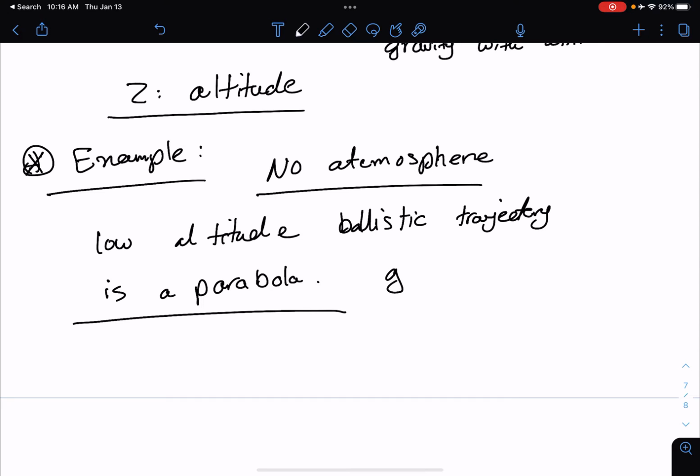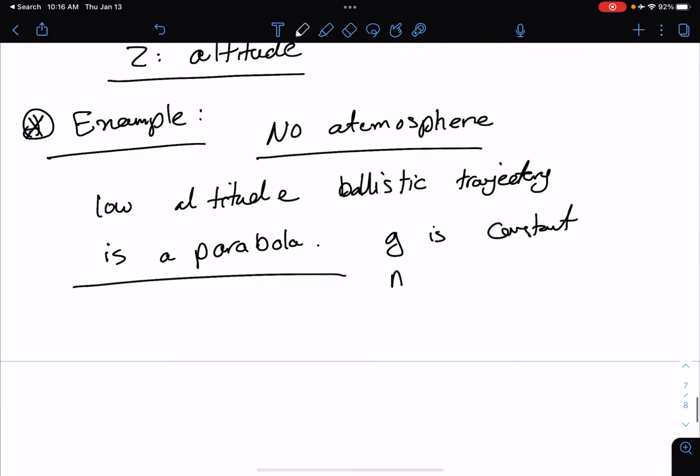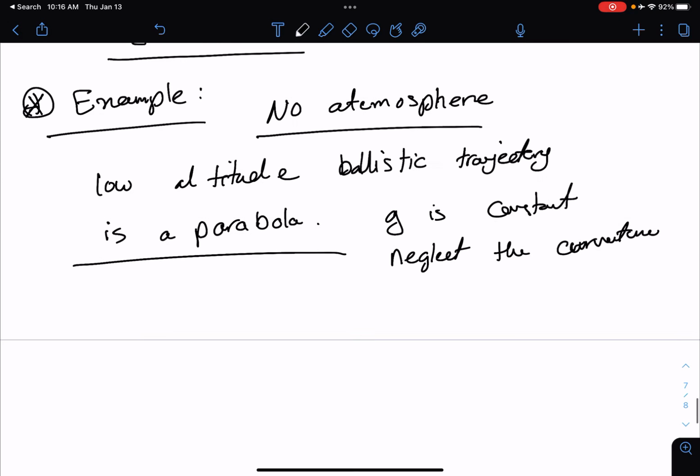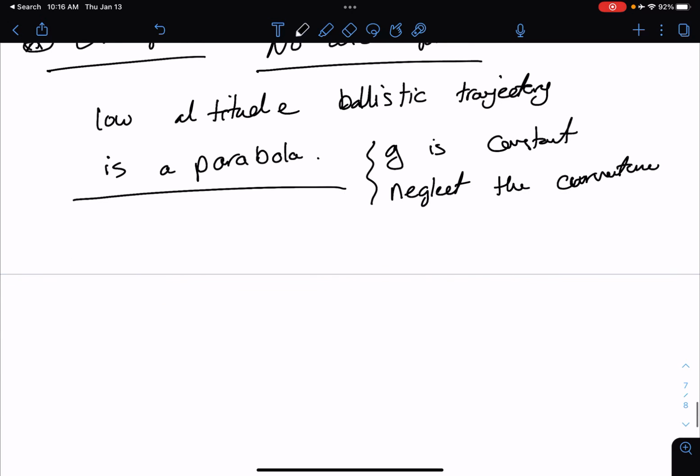We are to assume g is constant and neglect the curvature of the Earth. So essentially, this thing in your trajectory is so small that it sees Earth as a straight line. Okay?